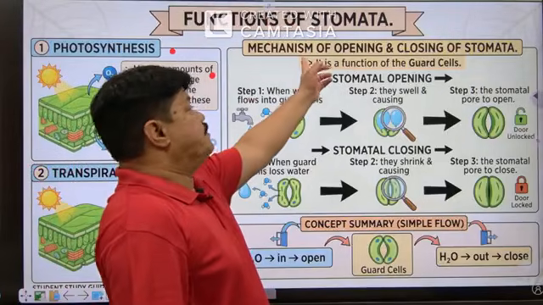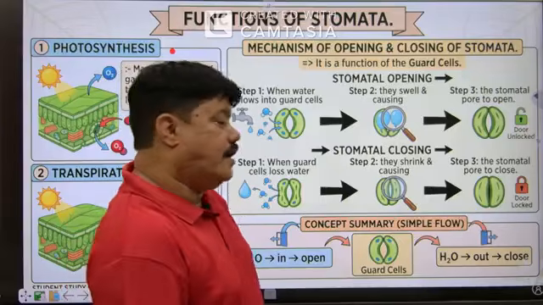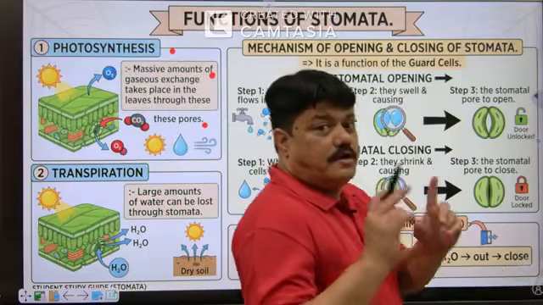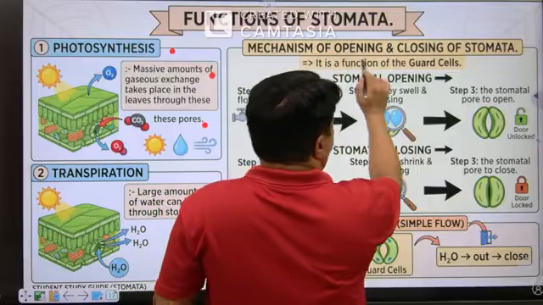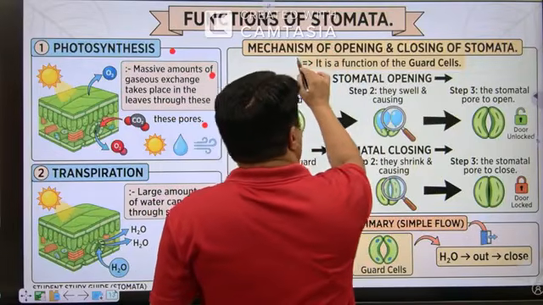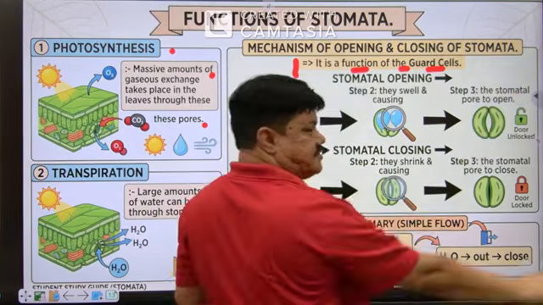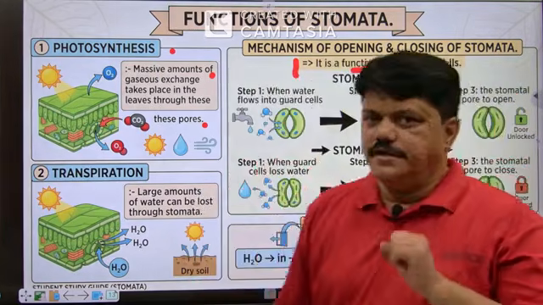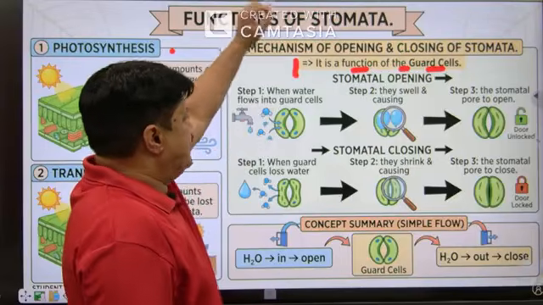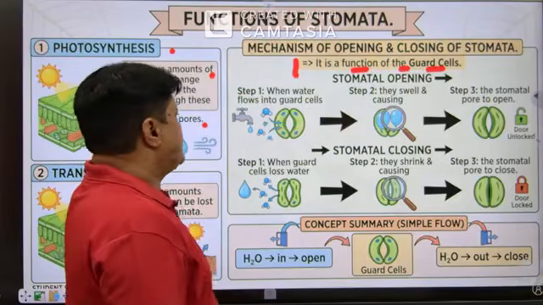Now, the last important topic: the mechanism of opening and closing of stomata. Very important again for foundation and NEET purposes. Opening and closing of stomata is the main function of guard cells. Now, let's look at the mechanism of stomatal opening.